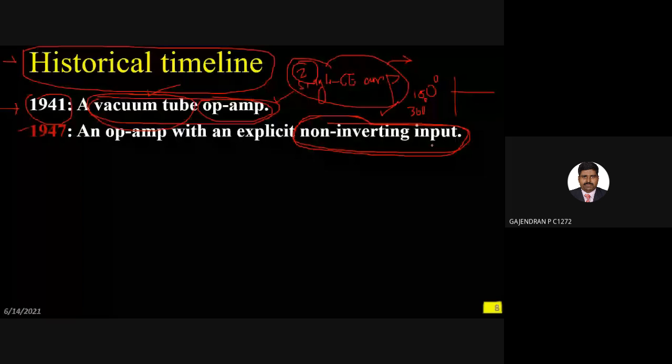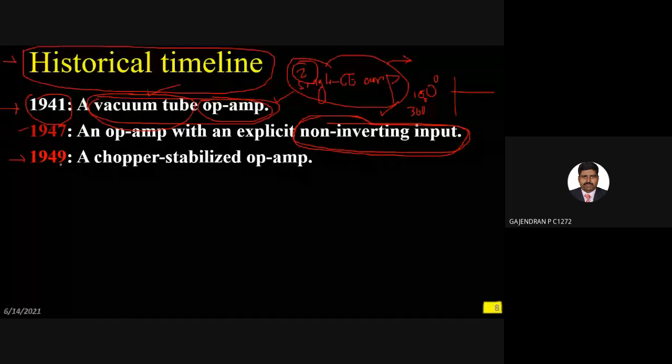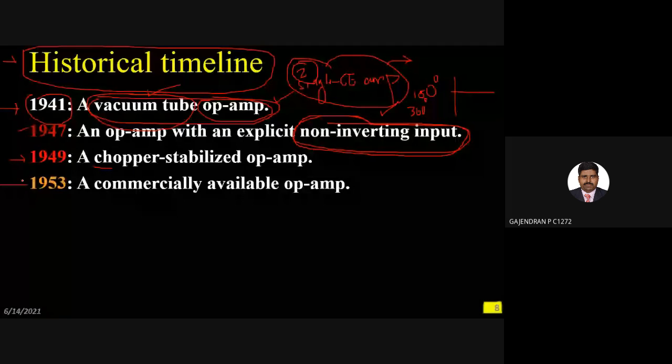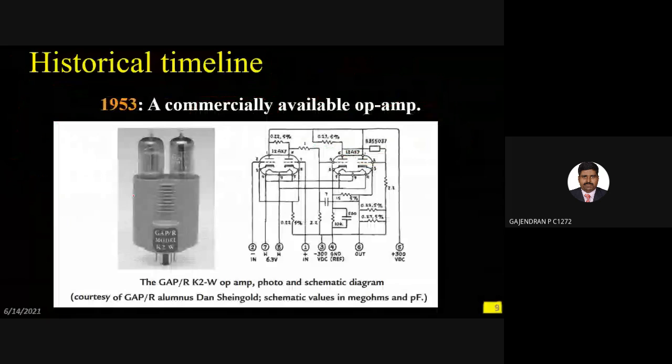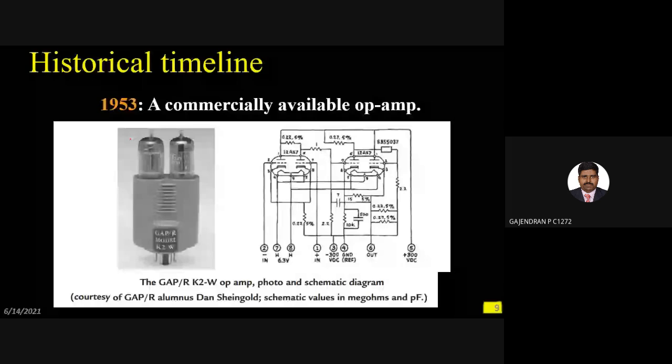Here a single input was there. After that, in 1947, a chopper stabilizer operational amplifier appeared.